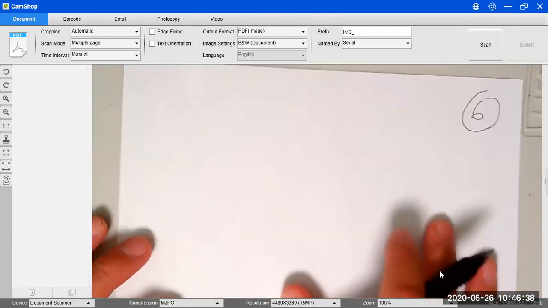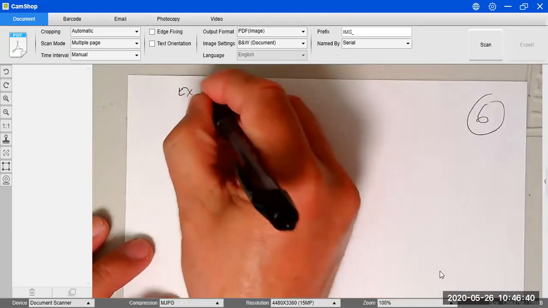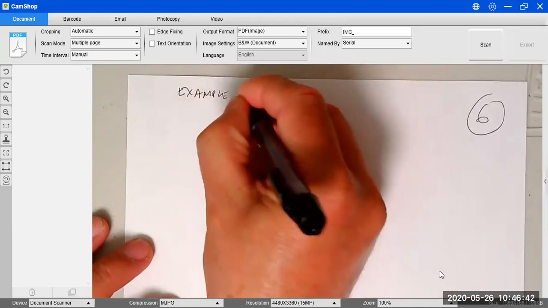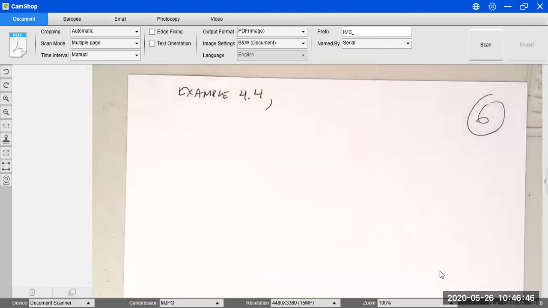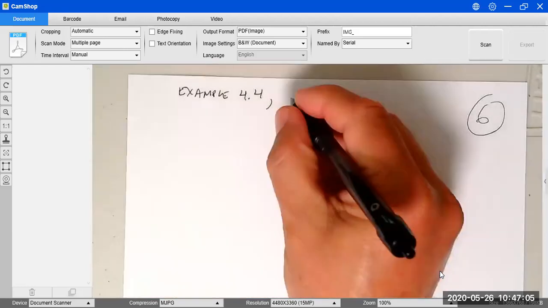We're going to use the equation of the line to predict some prices. Example 4.4 is on page 174.